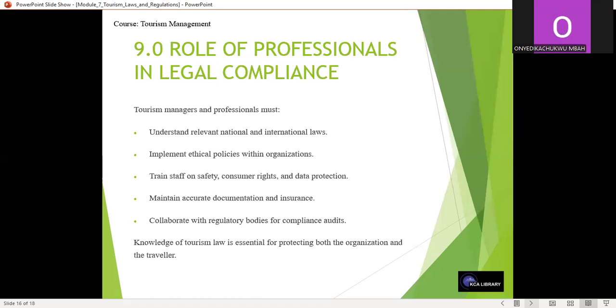Maintain accurate documentation and insurance. Collaborate with regulatory bodies for compliance audits.